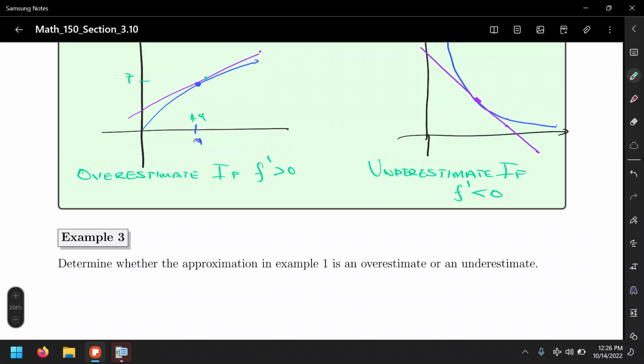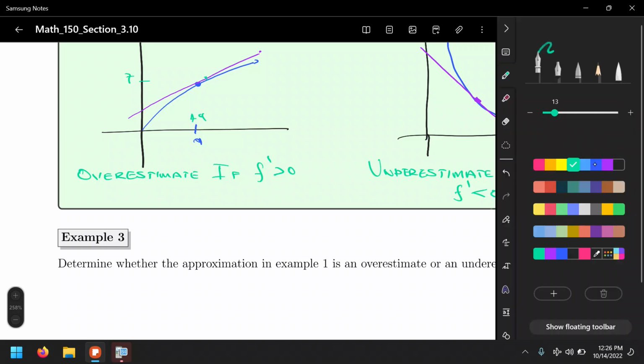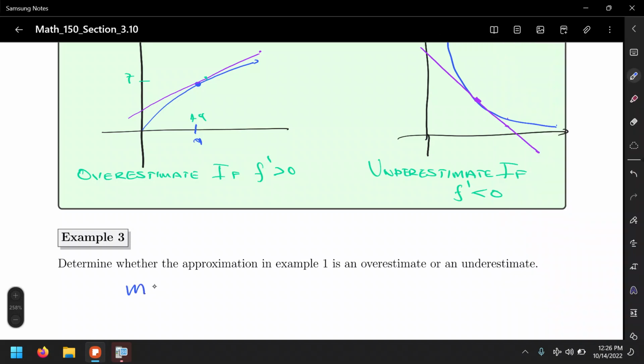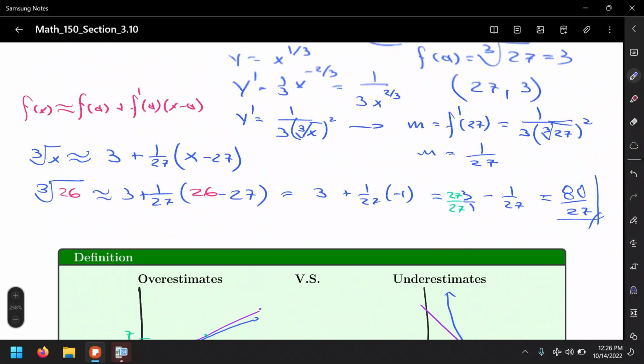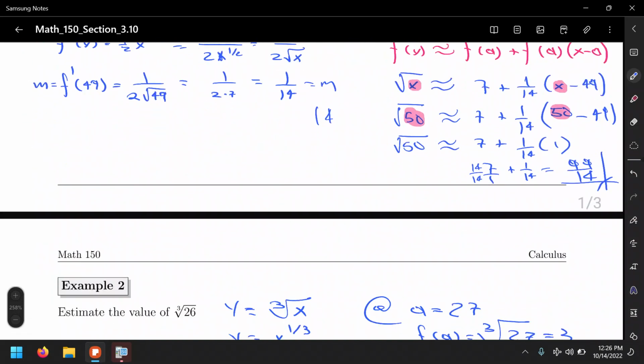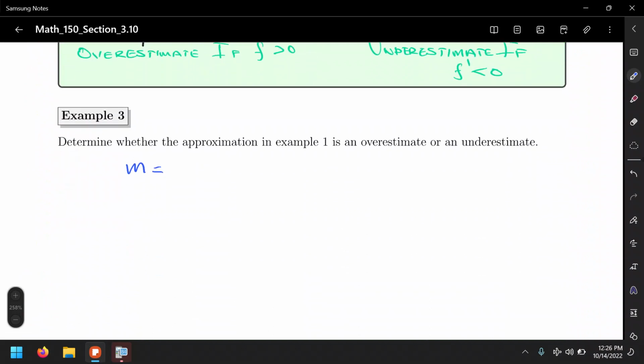In this case, what did we get for the slope for example number 1? I believe we got 1 over 14, right? So m equals 1 over 14. Now, is this value of the slope positive or negative? Positive, right? Since it's positive, it's going to be an overestimate. So anything positive is an overestimate, anything negative an underestimate.